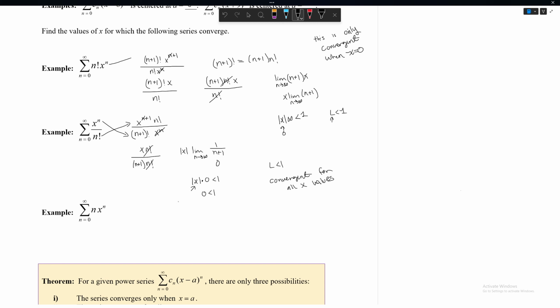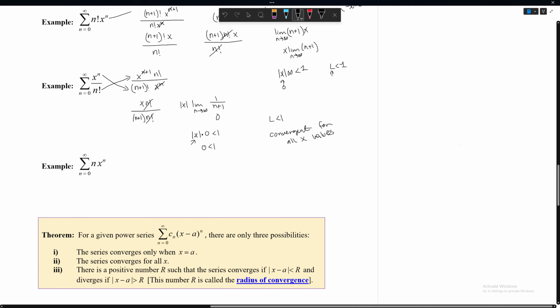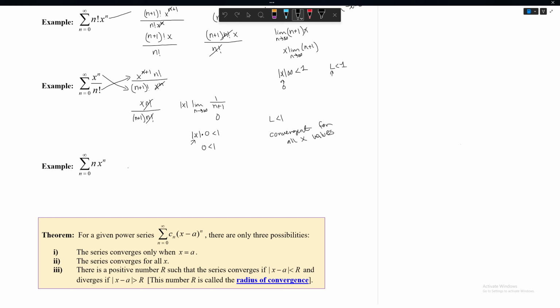Here, obviously this is only x to the n, but the coefficient is not to the n, so I can't use root. Again, that's literally how easy it is. Can you use root? No. All right, it's ratio. And so what you'll do is, n plus 1, x to the n plus 1, divided by your a n, which is n x to the n.